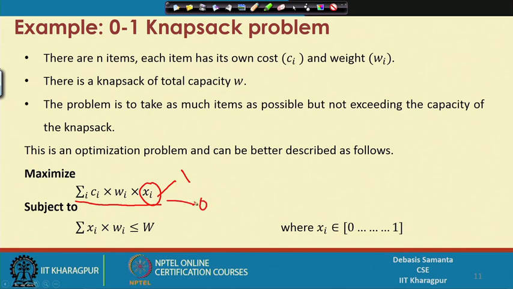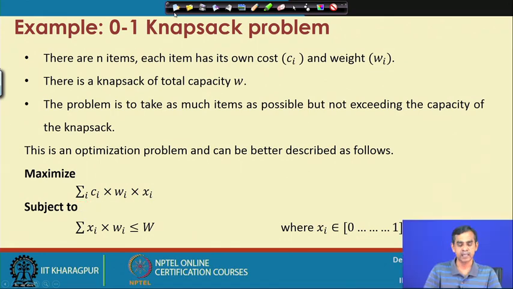This is the objective function. Then the constraint is that the sum of X_i times W_i should be less than or equal to W, because the total weight of all the selected items should be within the maximum limit W of the knapsack.